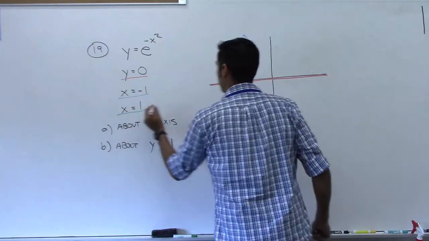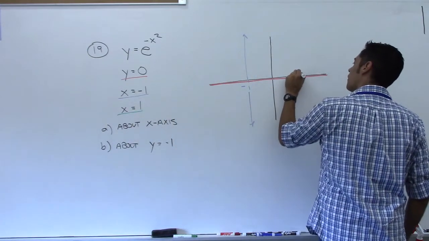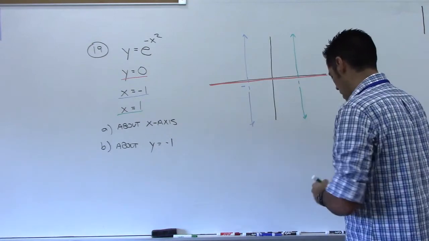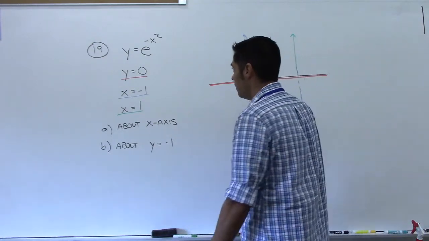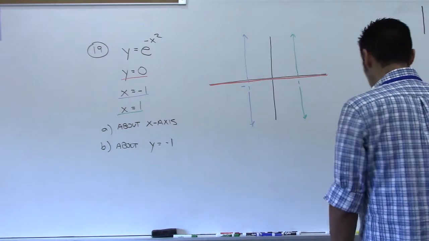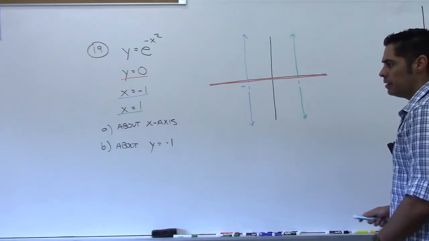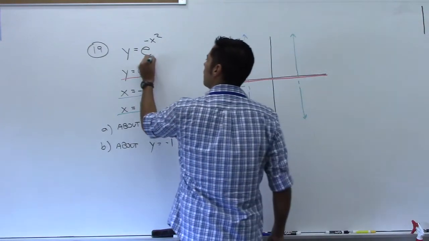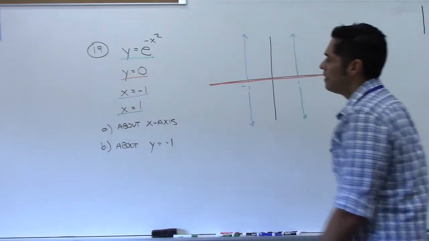X is 1, vertical line. And then finally, what color have I not used here? I have this other one, it's not very good though. I'll try it. Y equals e to the negative x squared.